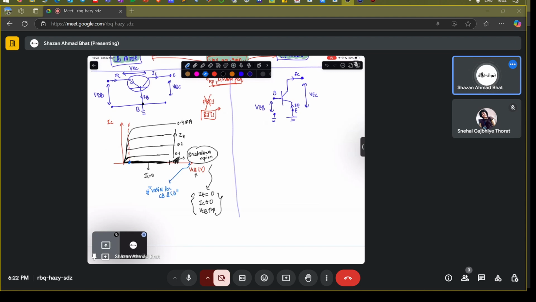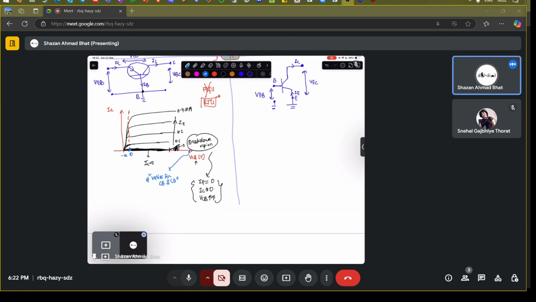You have to apply a negative VCB in order to completely make the IC equal to 0. That means you have to apply a negative VCB in order to make the collector current fall to 0, because you see that even if VCB is 0, you still have certain collector current at these particular values.